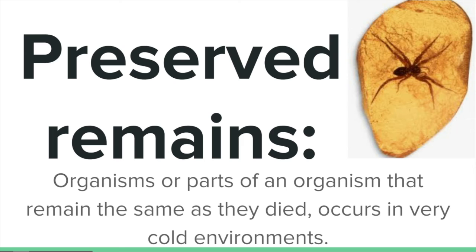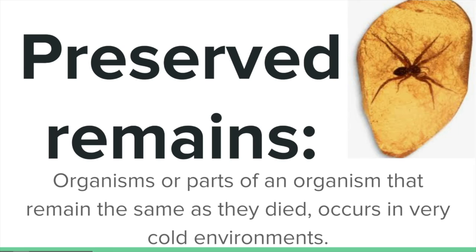It usually occurs in cold environments when an animal can be caught in a glacier and freezes over time, and then millions of years pass, and we are in present day, and the glacier can be explored by geologists and paleontologists to discover the animal.